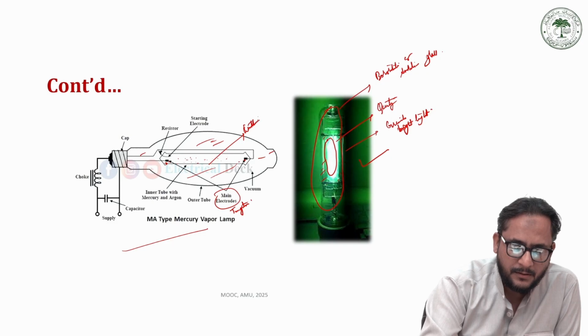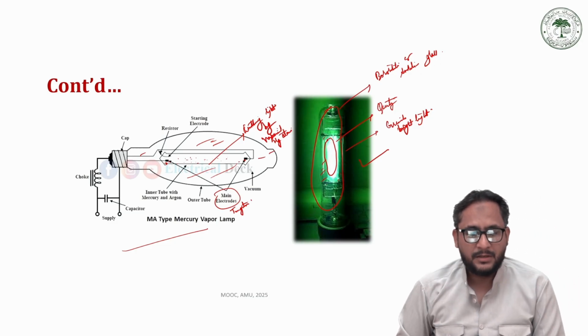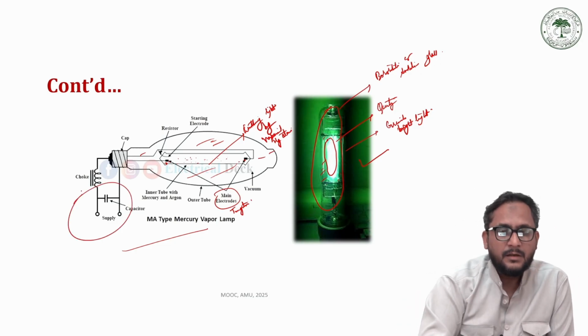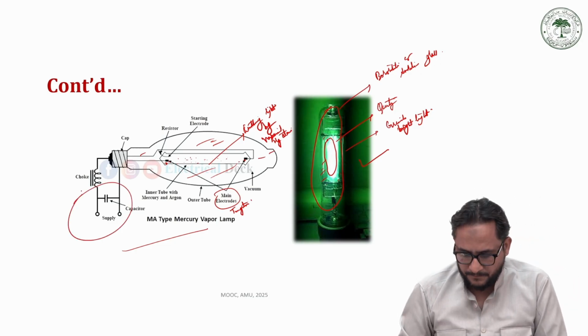Light is emitted by vaporized Hg atoms, mercury atoms, and that is why they are called gas discharge lamps. This is the input supply.